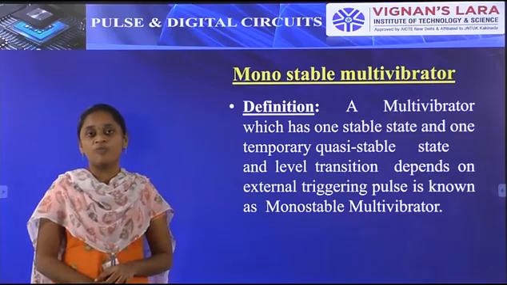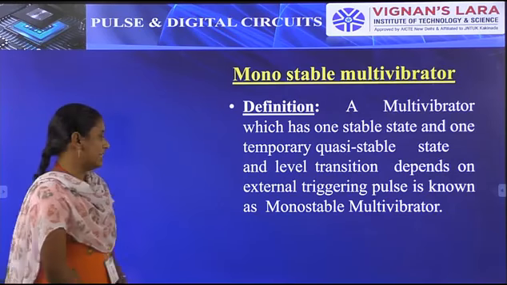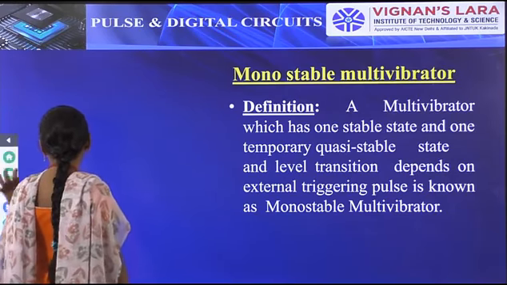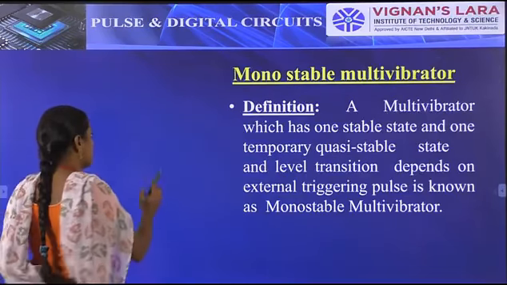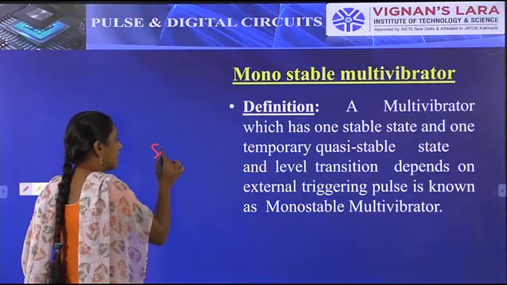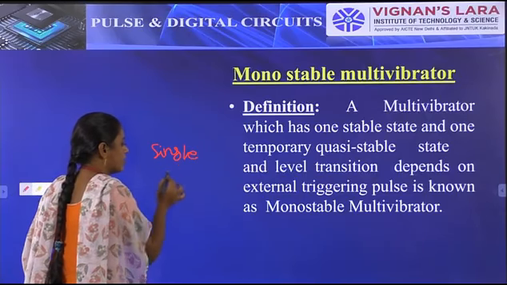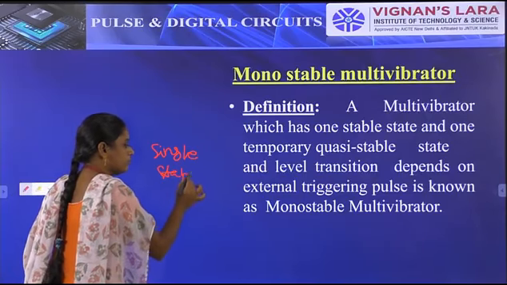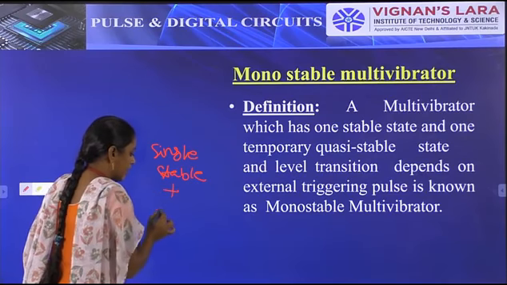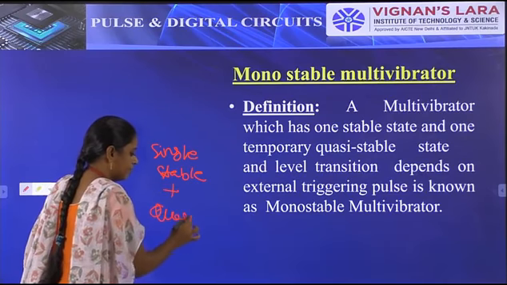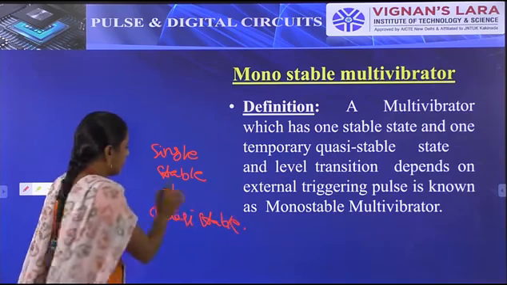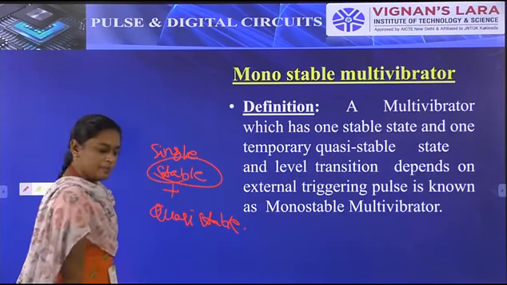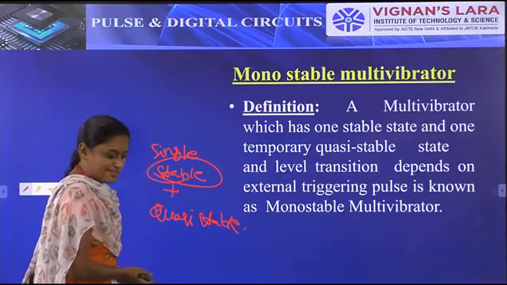As the name itself suggests, a monostable multivibrator consists of a single stable state and a single quasi-stable state.